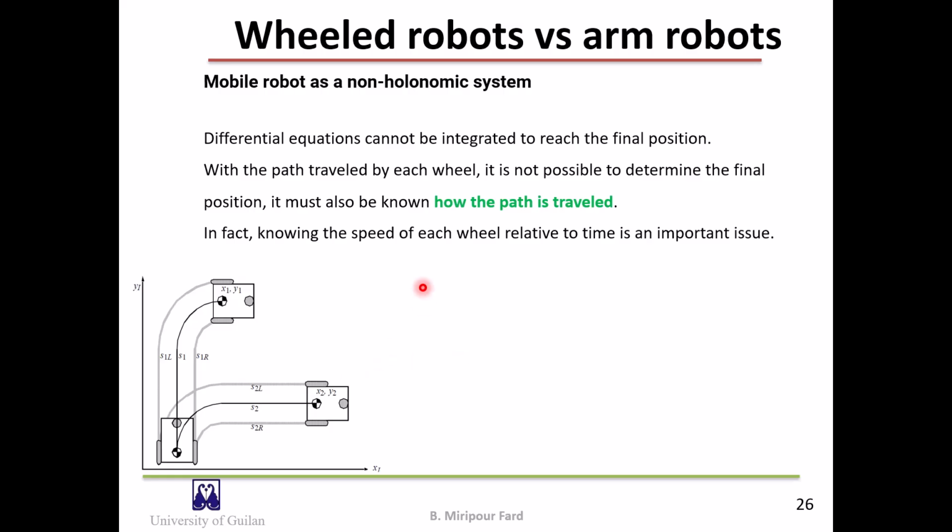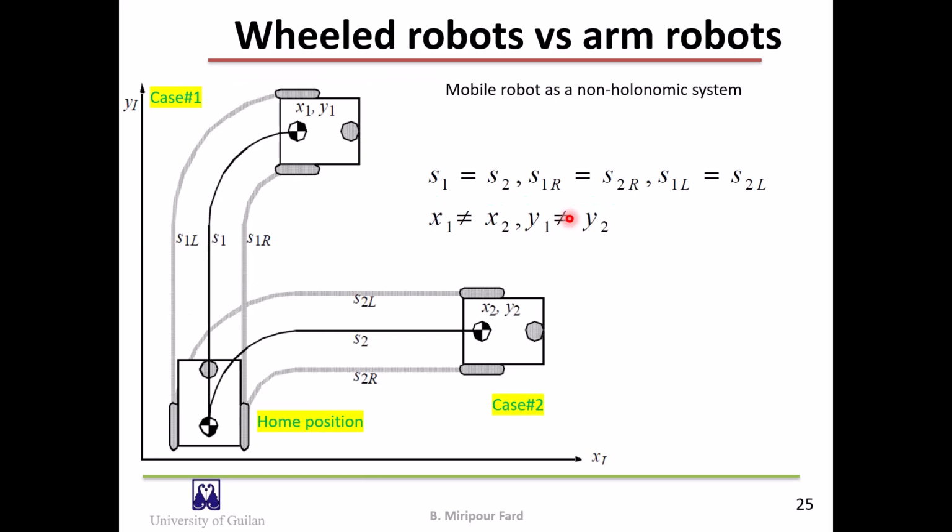Differential equations cannot be integrated to reach the final position in the case of a mobile robot. With the path traveled by each wheel, it is not possible to determine the final position. It must also be known how the path is traveled. You saw this fact in this slide.